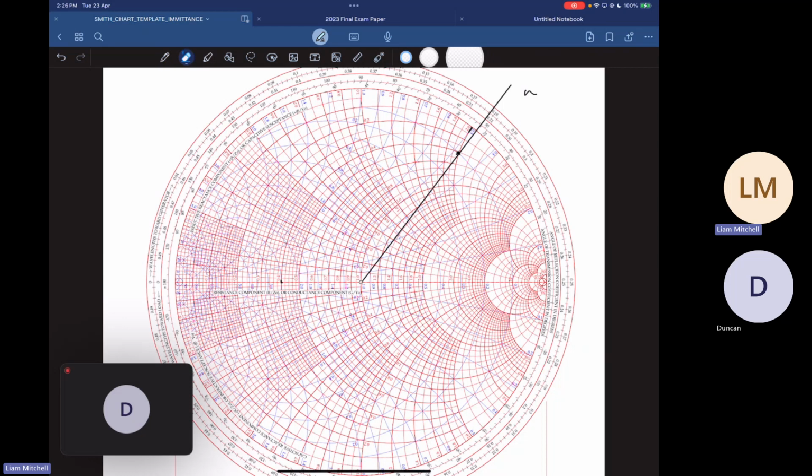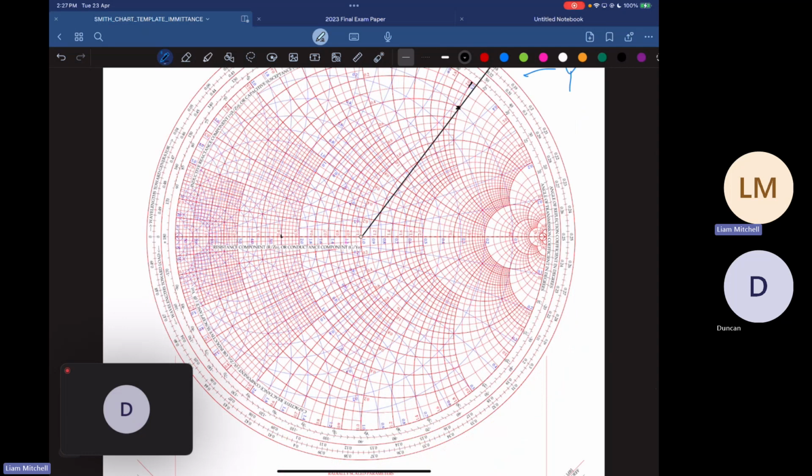I'll just draw it. This is impedance, and blue is admittance. So instead of flipping the chart around, you just look at the blue lines, basically. And I will show you how to do it later, when I do some examples with Smith chart matching.